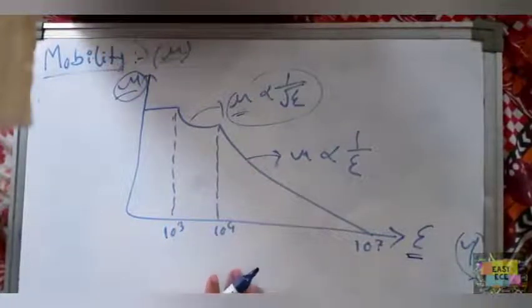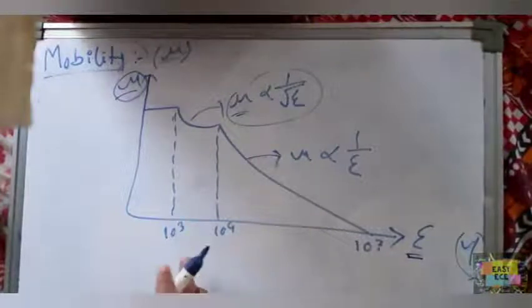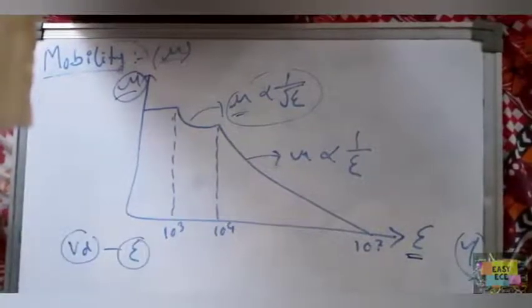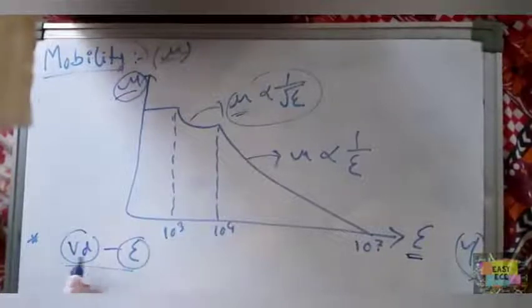In the next video we will talk about the mass action law. Here is another small note: electric field and Vd, the drift velocity.